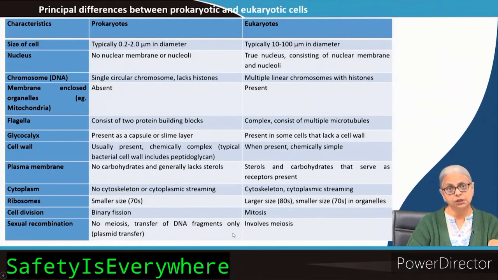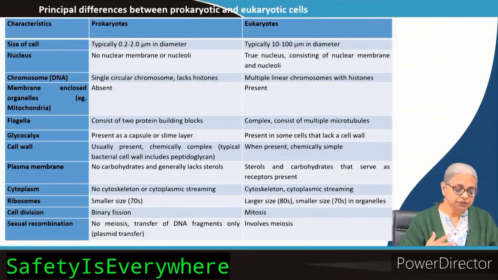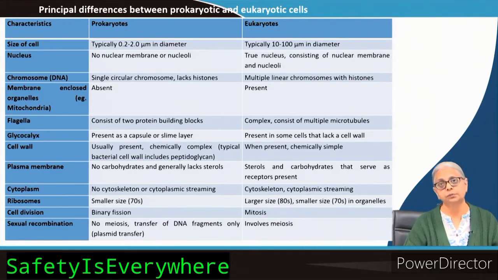So the nature of sexual recombination in prokaryotes is very different. So the transfer of DNA fragments by plasmid transfer is possible, and one of the reasons for saying a lot about this is the antibiotic resistance of certain bacteria.